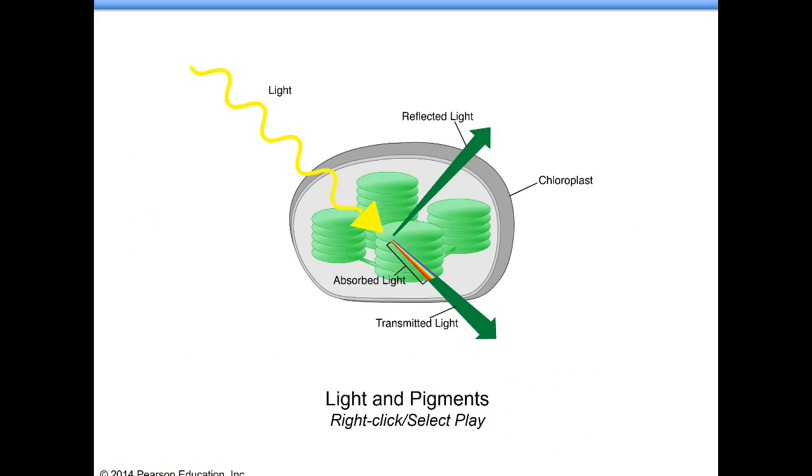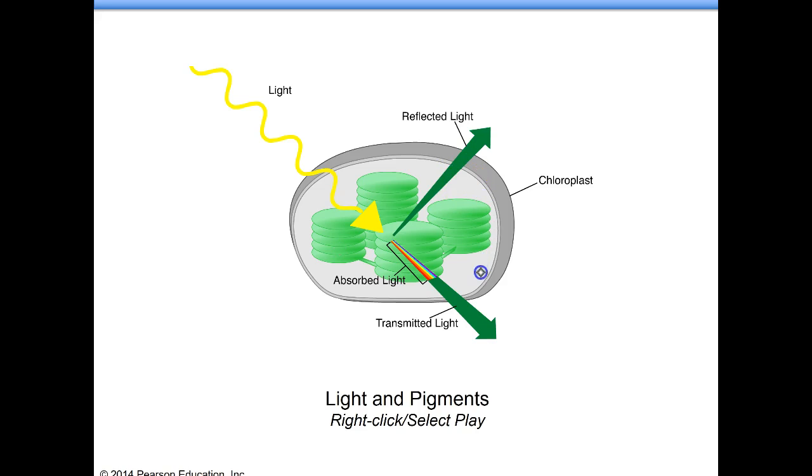Alright, so here in this diagram, here's our light energy coming in. Remember, each one of these disks is an individual thylakoid, and a stack of thylakoids is a granum, and it increases the surface area so that more light can be absorbed to produce more glucose.